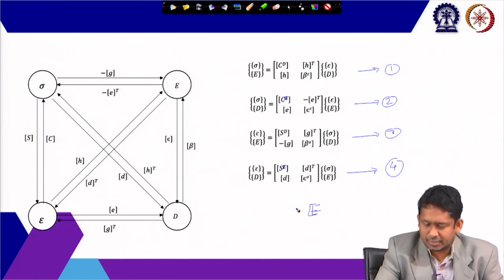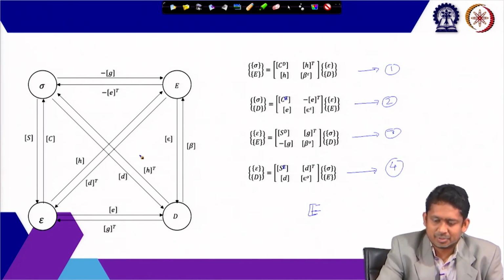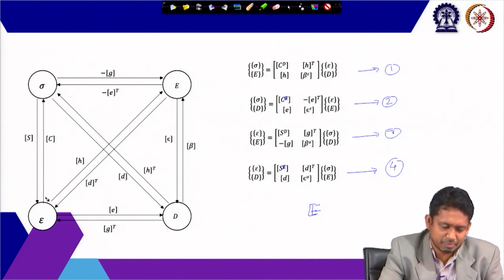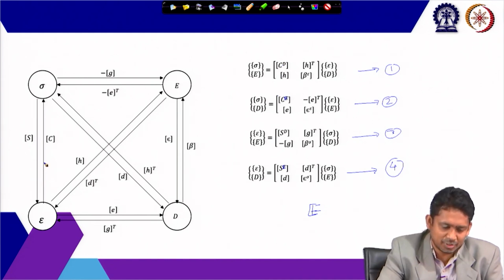Now, this chart summarizes what is happening here. If I want to get sigma from the epsilon, then I have to multiply a C matrix, which we can see here. C D is multiplied with epsilon to get sigma. Similarly, here also C E is multiplied with epsilon to get sigma. Depending on the other state vector, this C D and C E are different, but here we are not differentiating those because we do not have the scope.